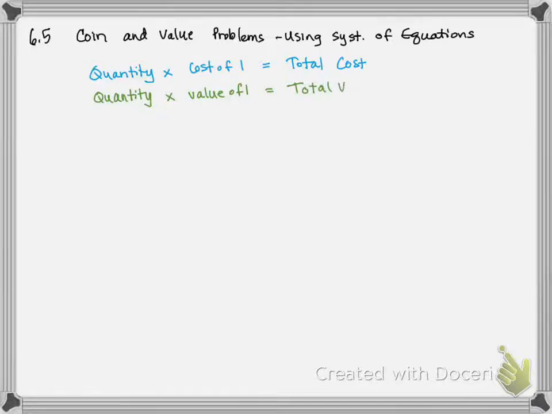The process is the same. So again, this would be for coins, and this would be for other items, things like food items, tickets, clothing, and so on and so forth.